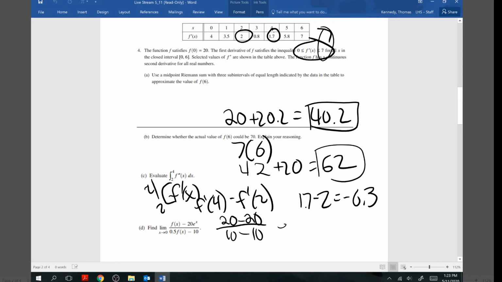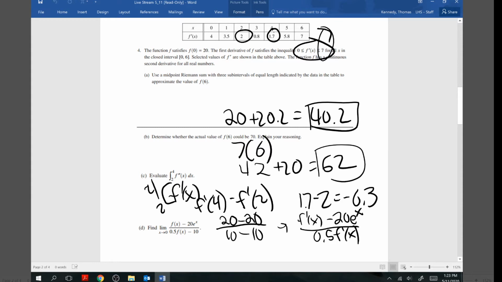So if I take the derivative of top and bottom, I get f prime of x minus 20e to the x, because the derivative of 20e to the x is 20e to the x. And the bottom's derivative is 0.5 f prime of x, and 10's derivative is 0.